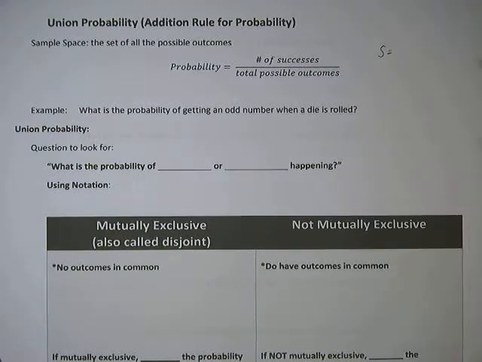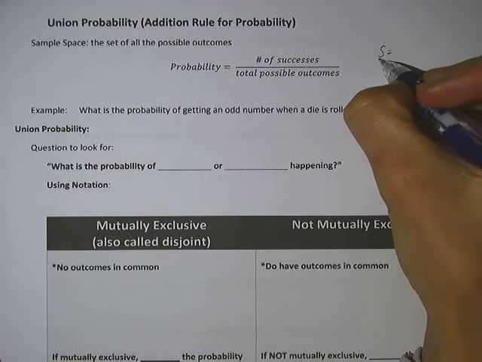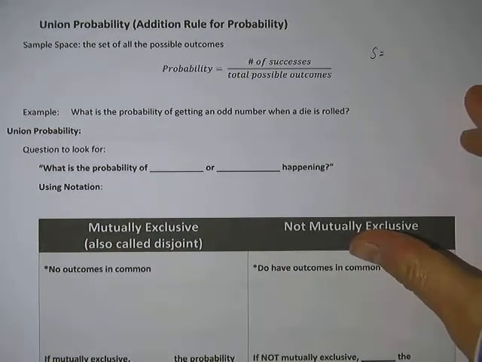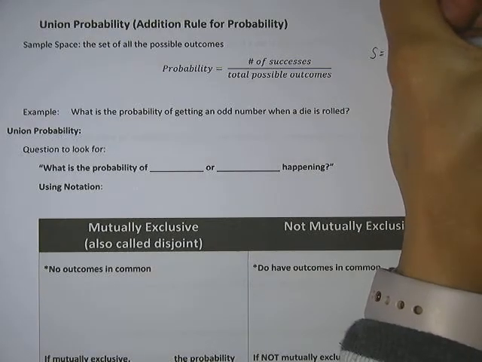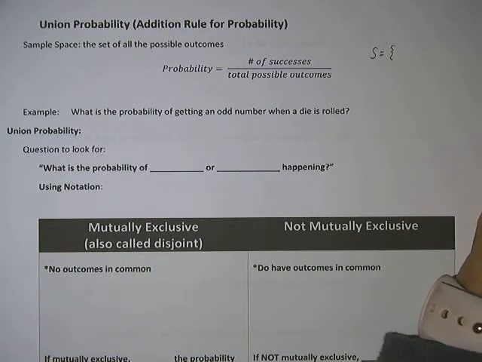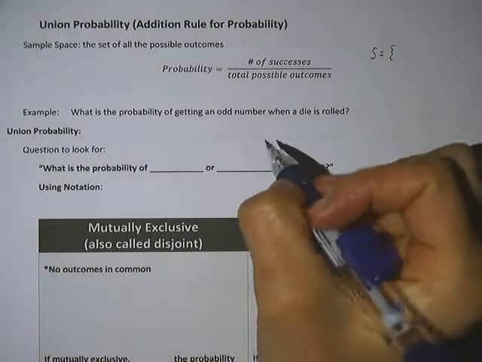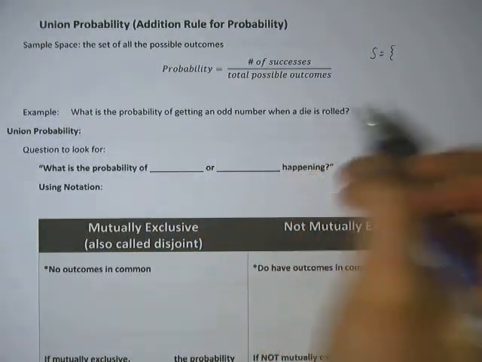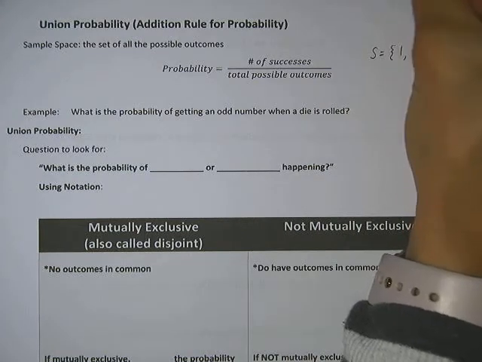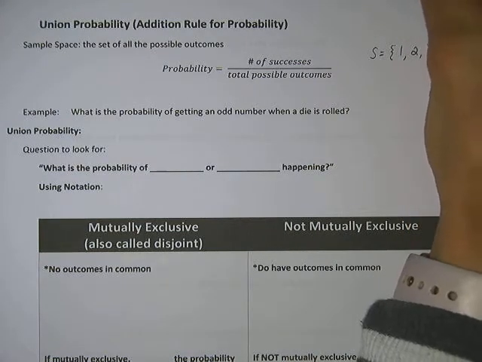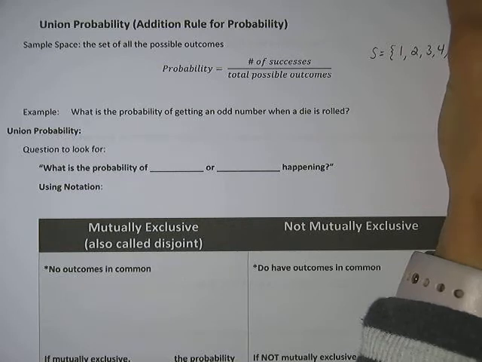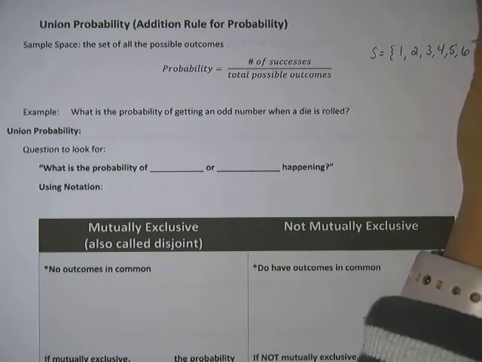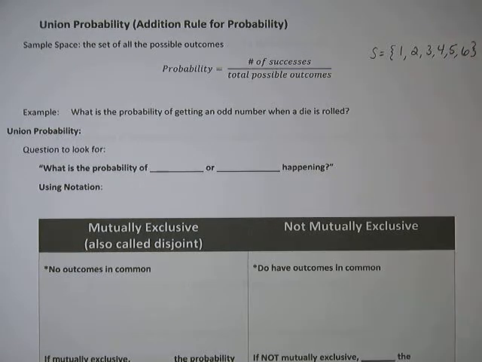One way is as a set: you put an S for the sample space, and then the bracket for the set notation. If we list out everything that could happen when I roll a die, I could get a 1, 2, 3, 4, 5, or 6. That is the sample space for rolling a die.